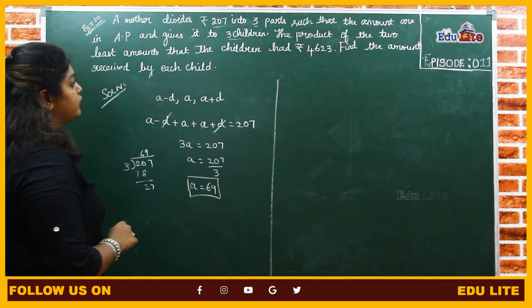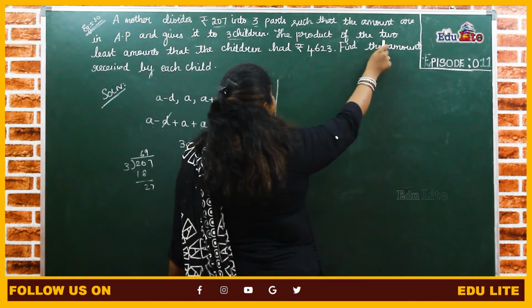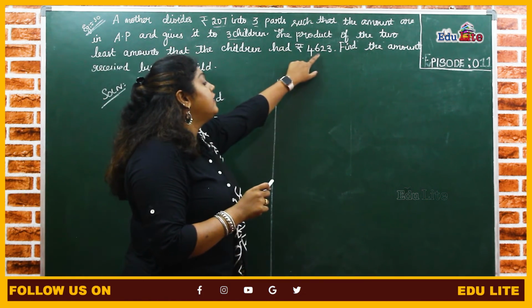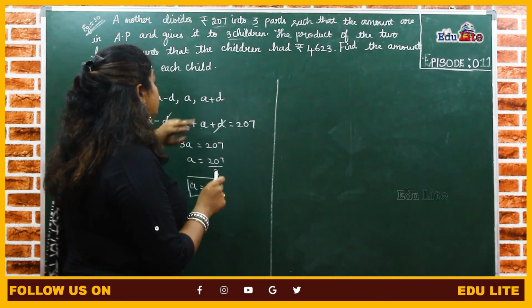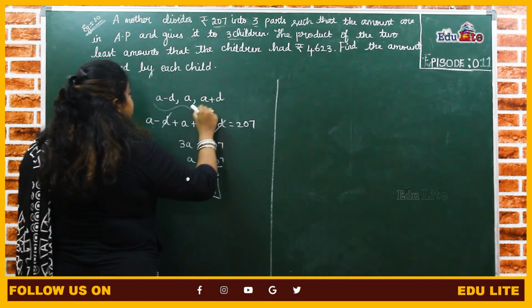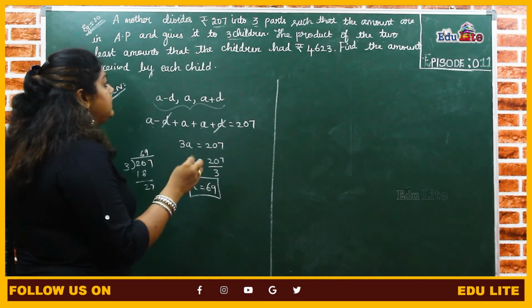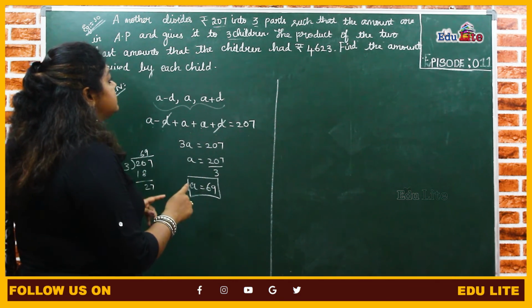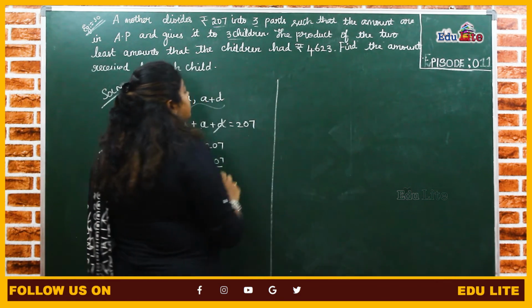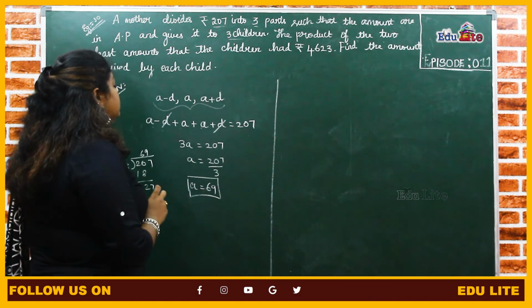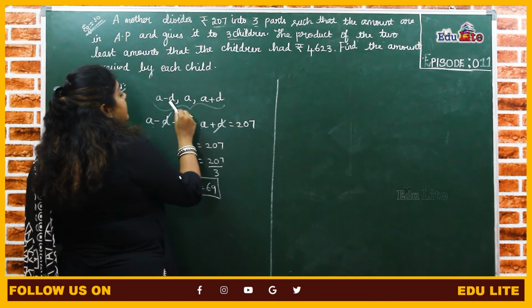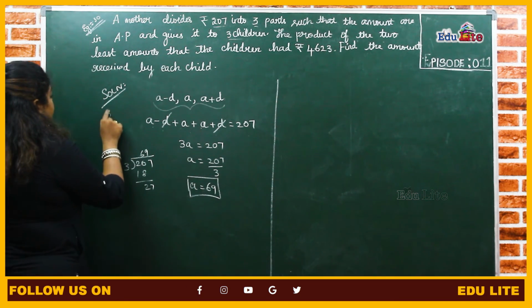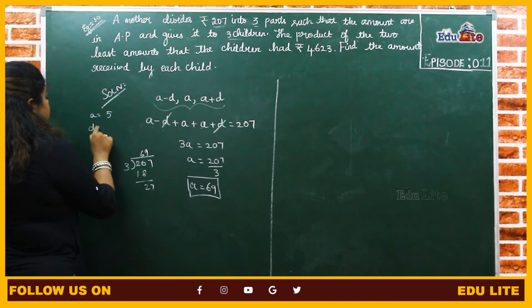Now next, we are given that the product of the 2 least amounts that the children had is 4623, which means the product of 2 least amounts. Among these 3, we have to consider any 2 values such that the product of those 2 terms is 4623 according to the question. So how to find which are the least 2 among these 3 is, let us consider the value of A as 5 and the value of D as 2.